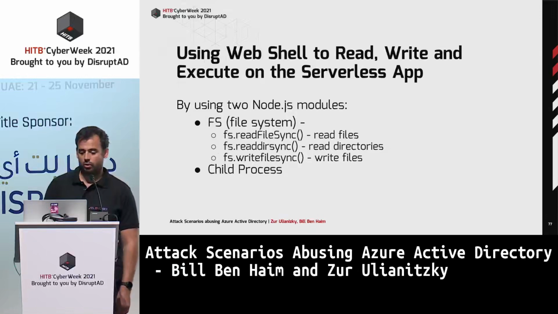In order to do that, the attacker can use 2 different Node.js modules, the file system module and the child process module. Those modules will allow him to execute, read, and write files within the operating system.